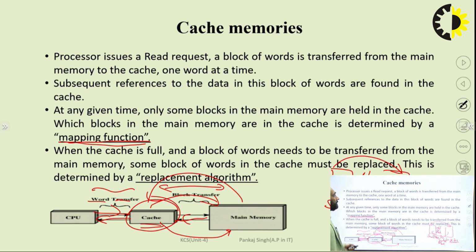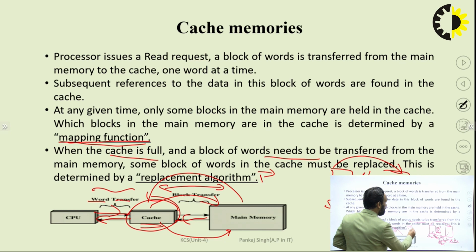As we read in some terms relevant to cache memory, when the cache is full and a block of words needs to be transferred from the main memory, some block of words in the cache must be replaced, as determined by the replacement algorithm. Today we have only discussed the mapping techniques, but we also have replacement algorithms like optimal, restore, LRU and FIFO.